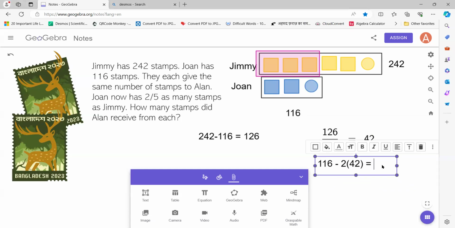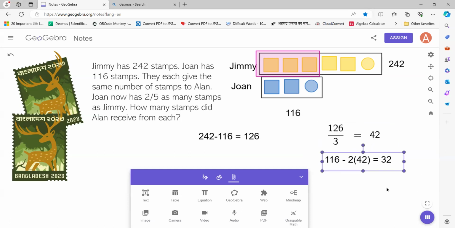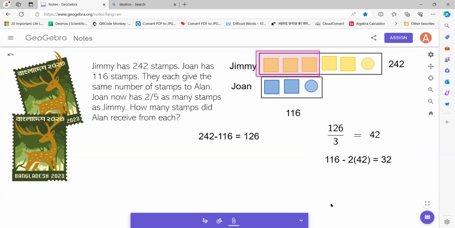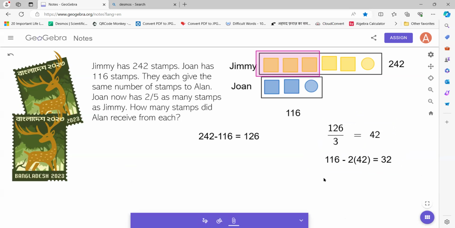So this is equal to 32. So Joan gave 32 stamps, and Jimmy also gave 32 stamps because they gave the same number of stamps. So I'm going to write my answer as 32.